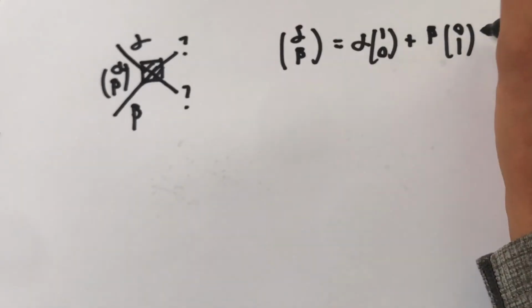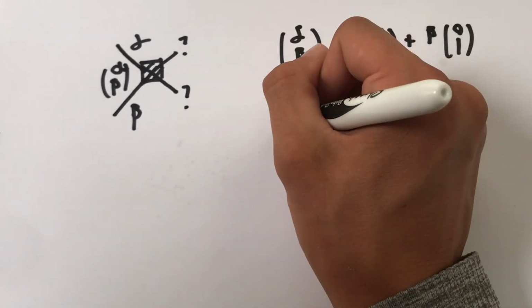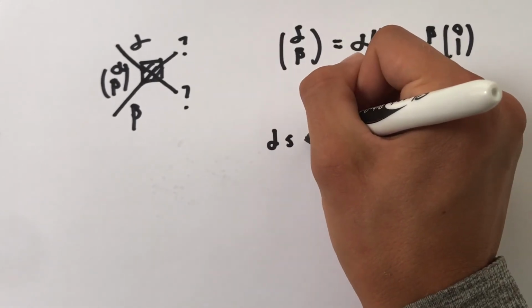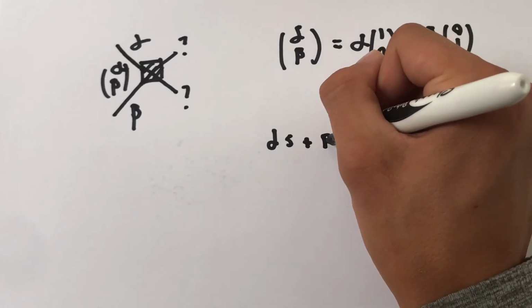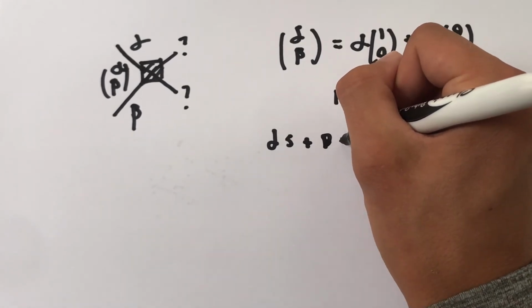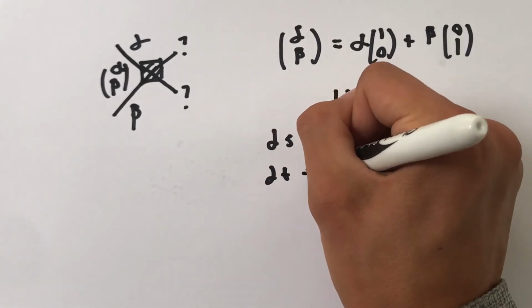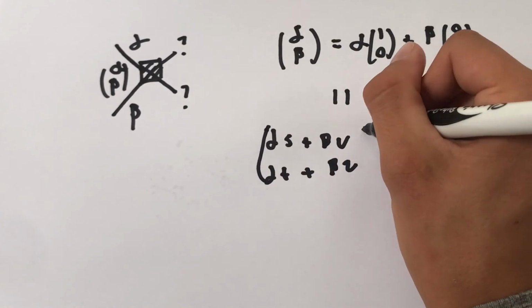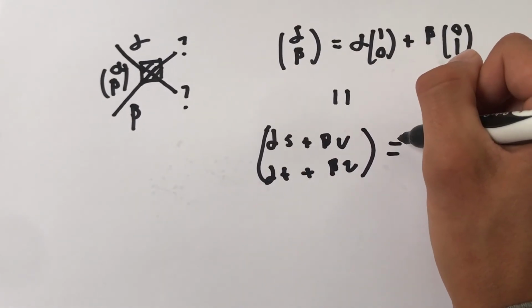And this essentially equals alpha S, alpha T plus beta U, beta V. And that essentially equals a matrix.